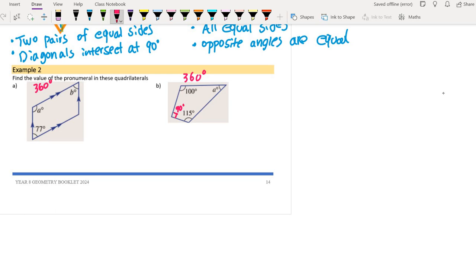So these 4 angles, 100, 90, 115, and A, when we add them all together, have to equal 360. Another way of looking at it is that this missing angle A is what you get when you take 360 and take away all of the angles that you already have. So whatever that equals is going to be your answer, and it's going to be 55 degrees for A.